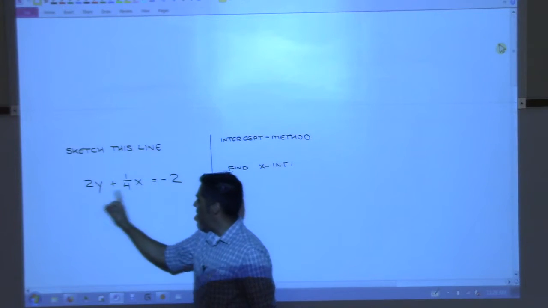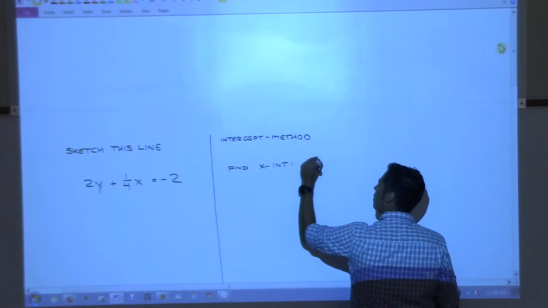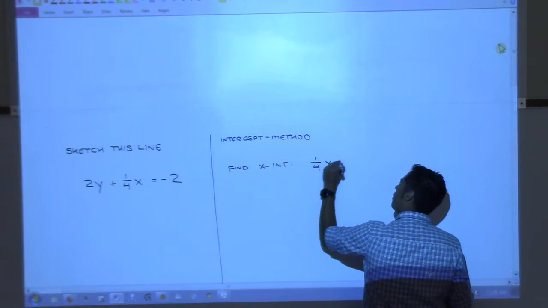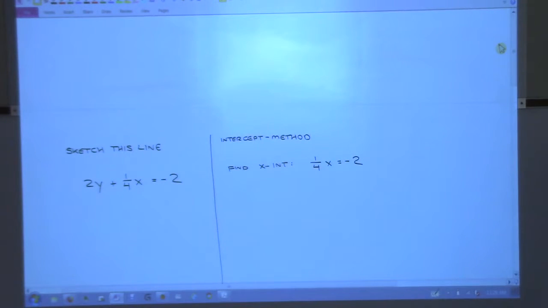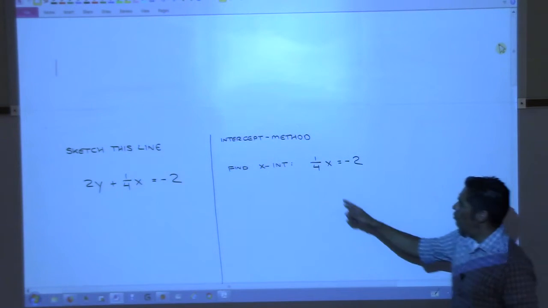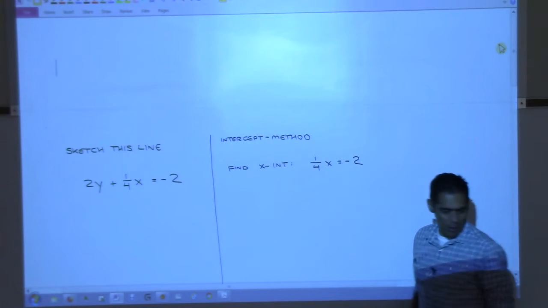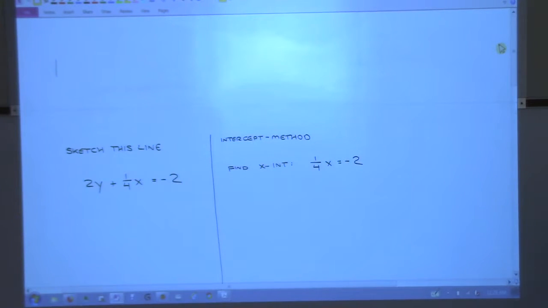And all I'm left with is 1/4 x equals -2. Any questions with that? And I'm solving for x, right? So I need to get rid of the 1/4 in front. How can I do that? Multiply both sides by 4, right? And what would you get? X is -8.